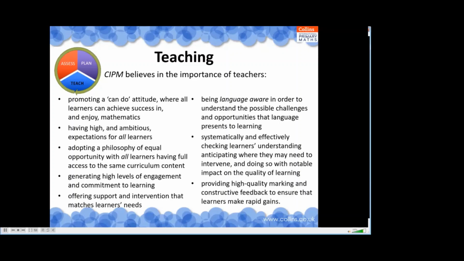And finally, providing high quality marking and constructive feedback to ensure that learners make rapid gains.